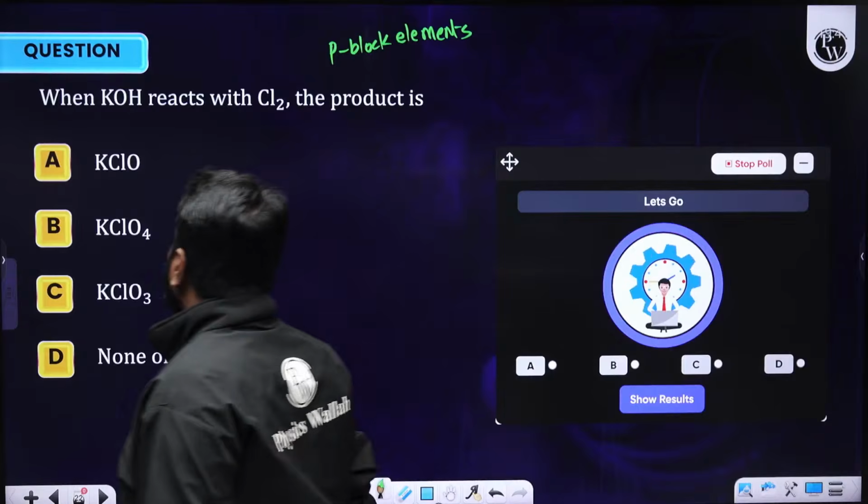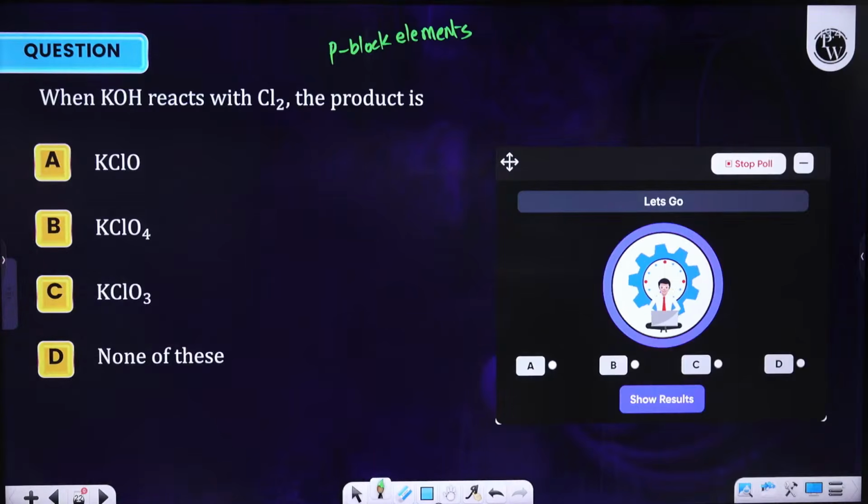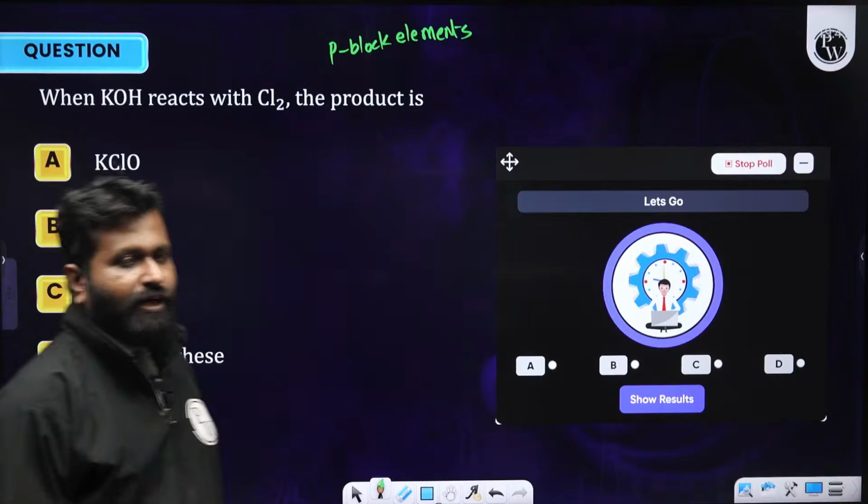First question. When KOH reacts with Cl2, what will be the product? Direct question.